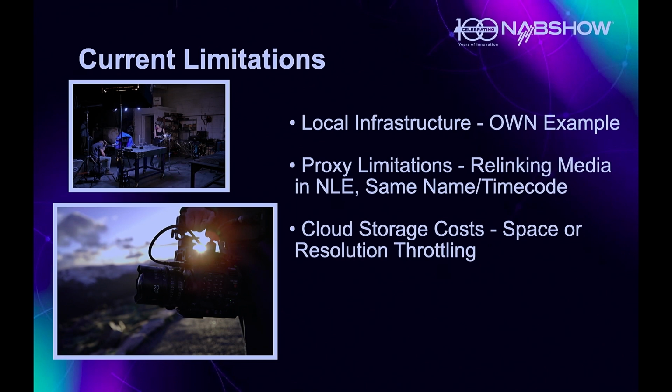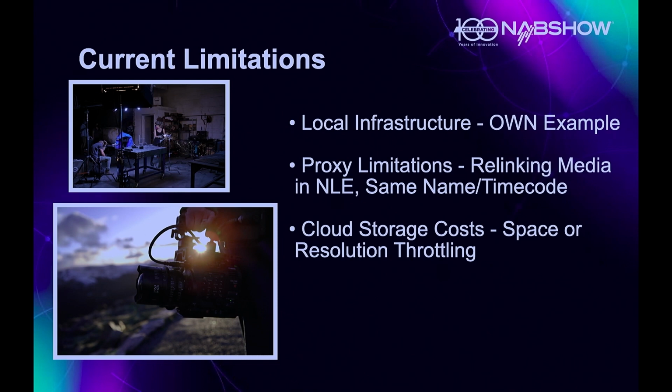Okay, yeah, proxy limitations. If you get the highest tier of Atomos Cloud Studio, you're getting like 30 megabits of HD per second, which is maybe fine if you're doing event coverage or maybe some types of breaking news.